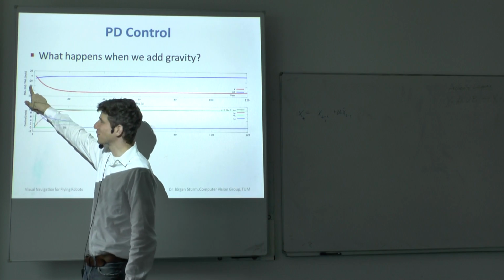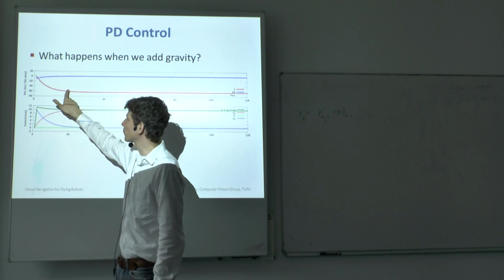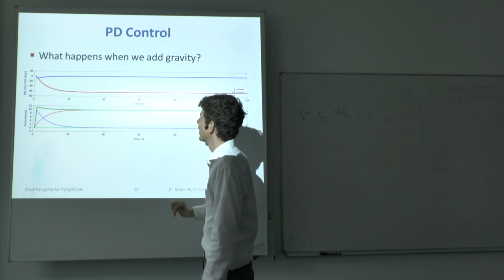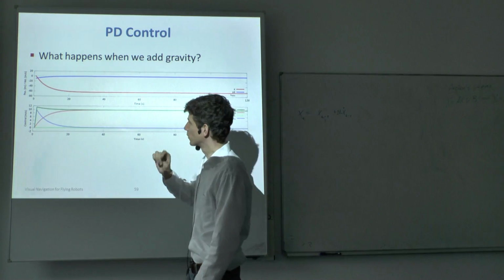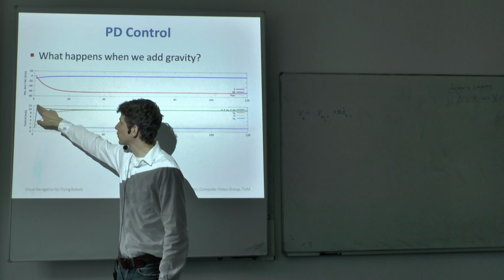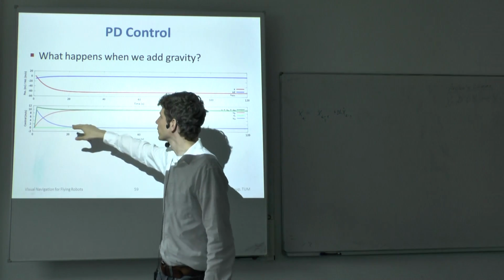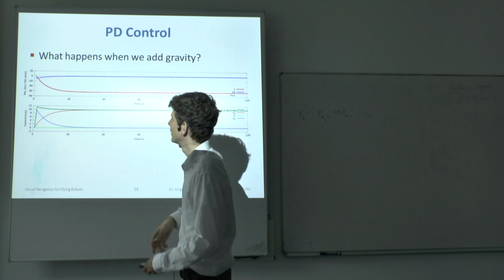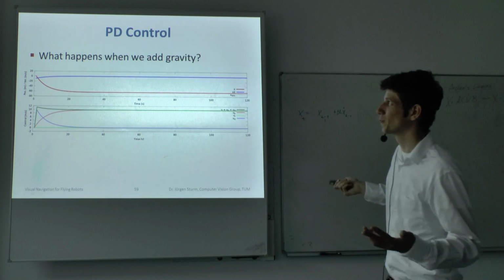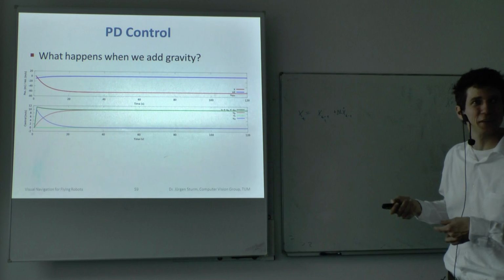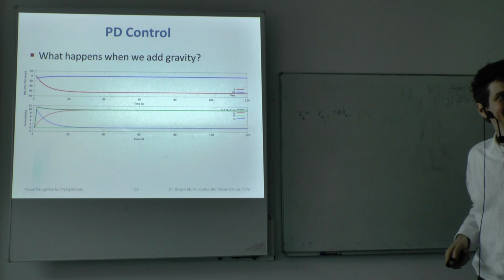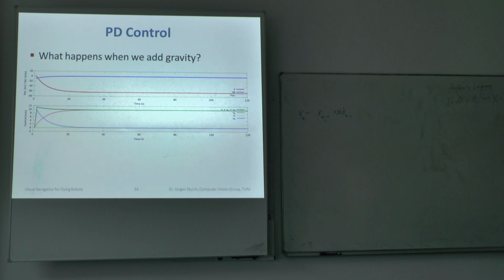So if this is meters, right, then you see that the body drops roughly 60 meters before the proportional controller will give so large a correction that it will pull up the object again. And this is of course not what you want, because before it falls down 60 meters, usually the quadrocopter hits the ground.